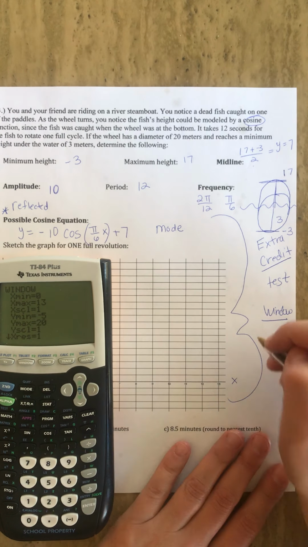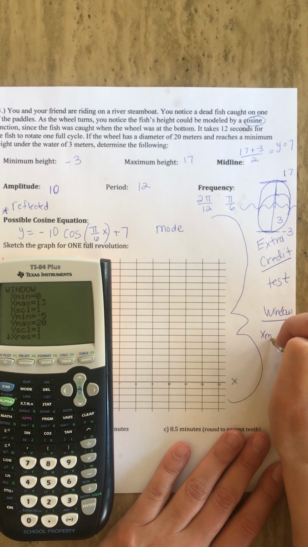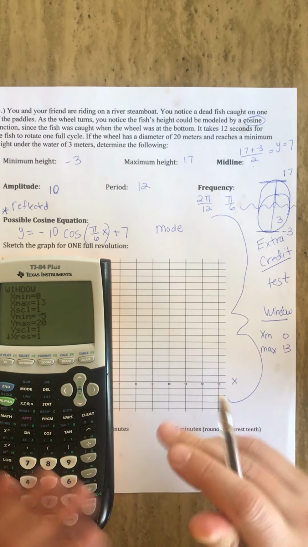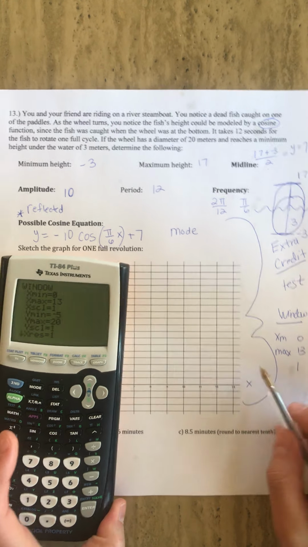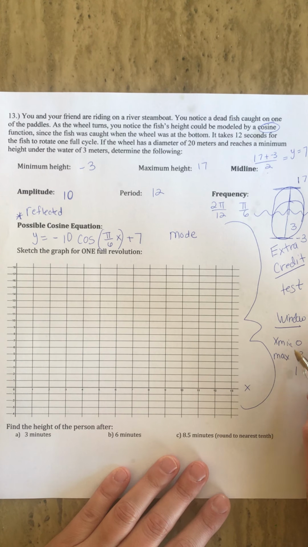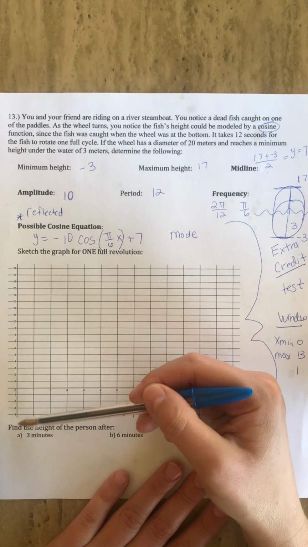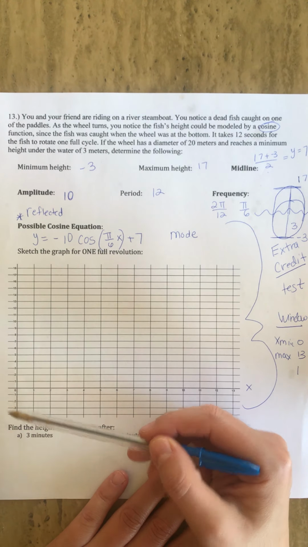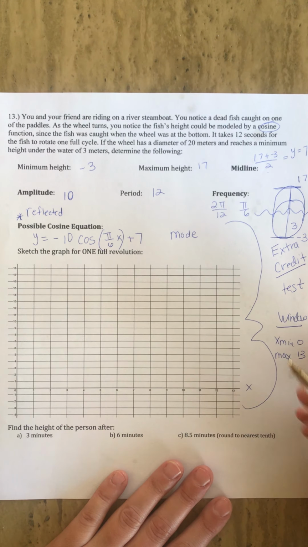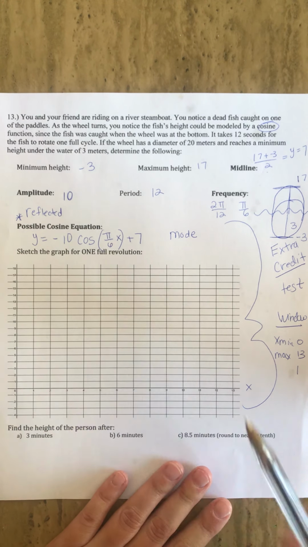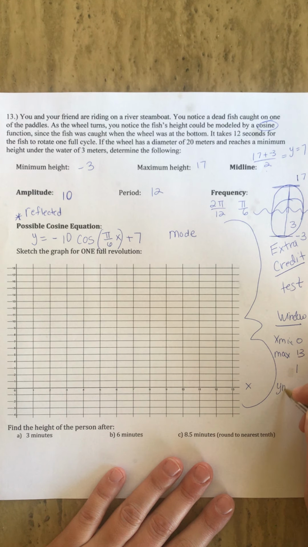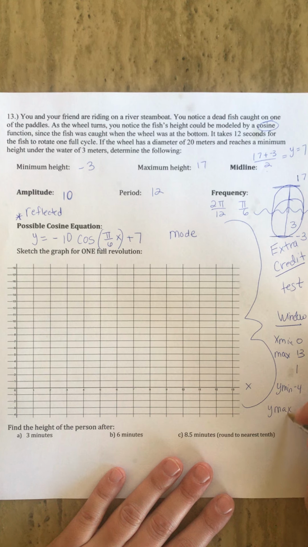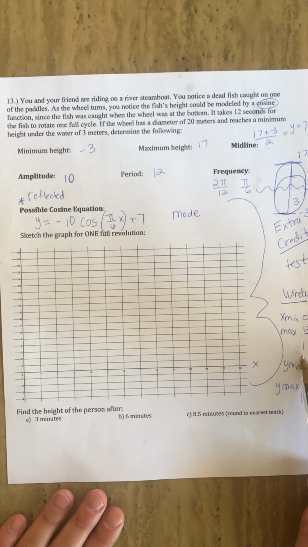So you should switch your x min and max from 0 to 13, and you can go to a scale of 1. And then you can see your y is going from -4 to 18. I mean, you can go from -5 to 20, whatever. So your y min is -4, y max 18, and again you're going to have that scale of 1.